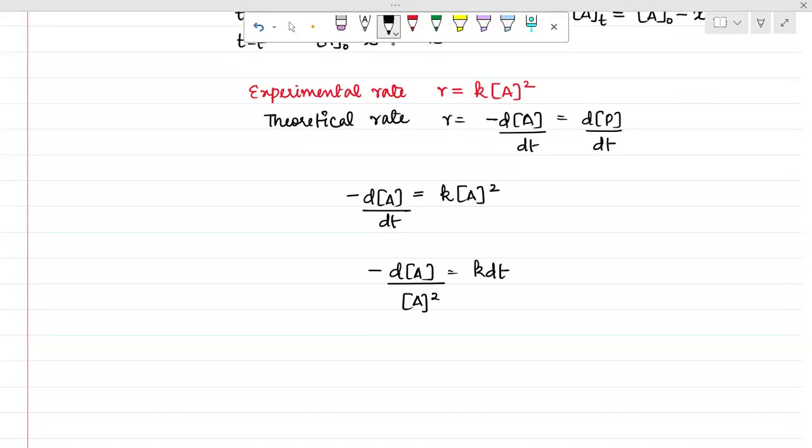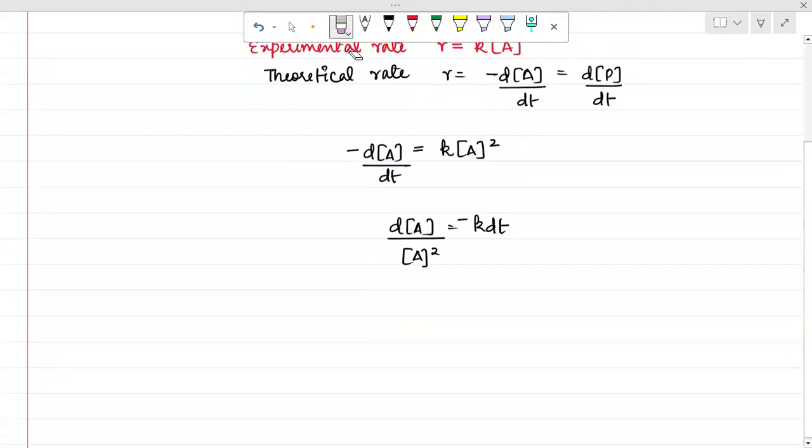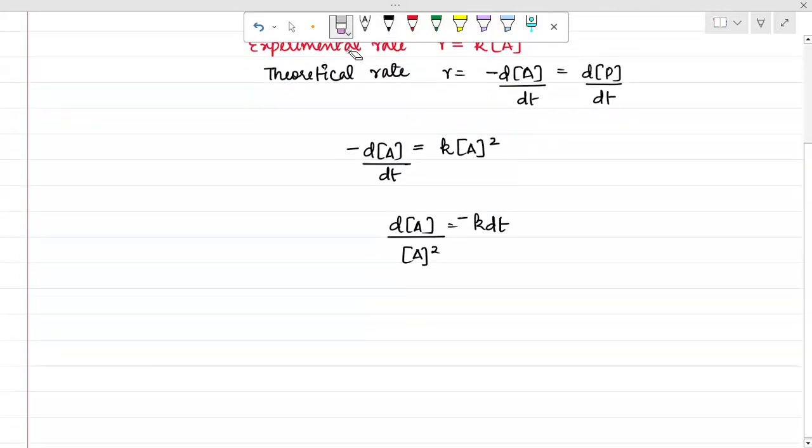I can take the negative to the other side, which means this will become negative and this will become positive. Now integrating both sides. We know time spans from 0 to t, and the concentration spans from initial concentration A0 to final concentration A, or At if you want.